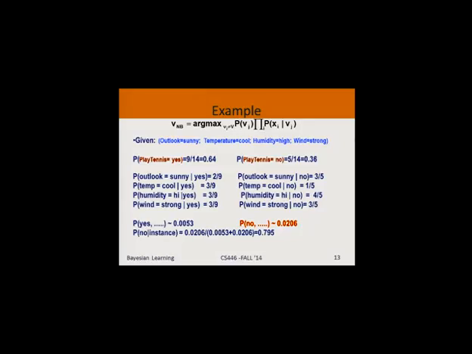You will never predict what you haven't seen, right? Because this is going to dominate the product. So if you haven't seen one of the feature values in a yes example, you will never say yes on an example that contains this feature value, and vice versa for the no. So the 0 dominates here. Of course, you don't want this. You want to do something, but it's important to realize.